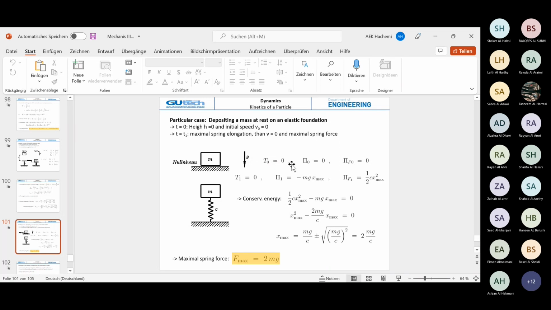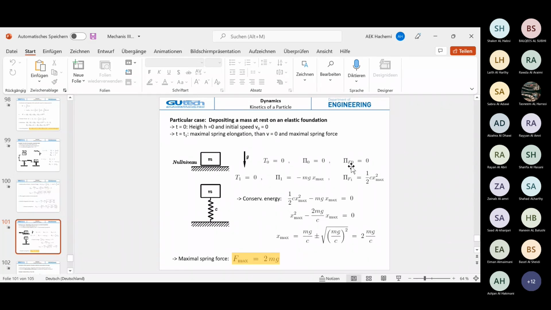Now we take the potential energy P0, as well as the potential energy of the spring. P0 is equal to 0 as the zero level is here. That means there is no height, h is equal to 0.